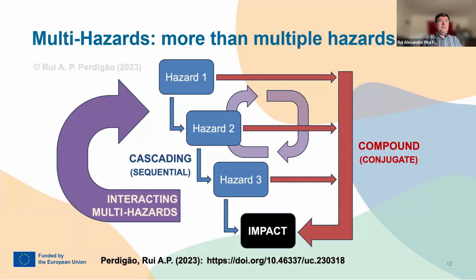But if you have rain on snow, or fire and wind happening together, these kinds of hazards, when they interact together in space and time in a joint event, as you have across the projects, and we will see later that different projects have these features, then the compound effect can be even higher than if each of these hazards were taking place separately.